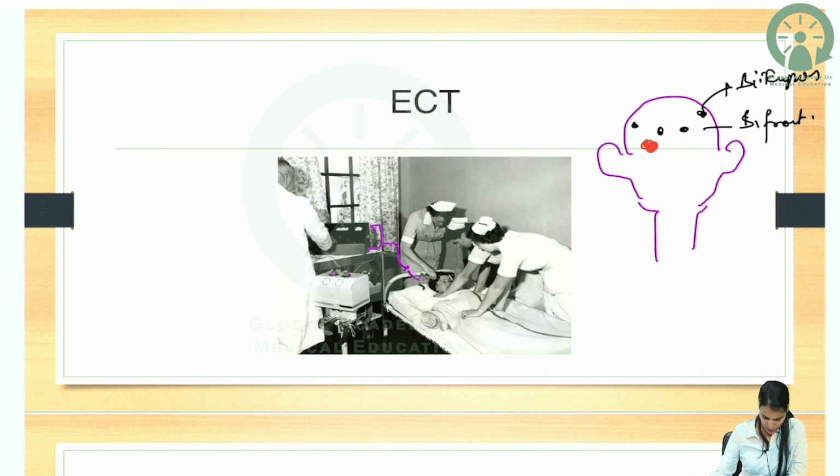Depending upon the number and area of the leads placed, the type of ECT is defined.